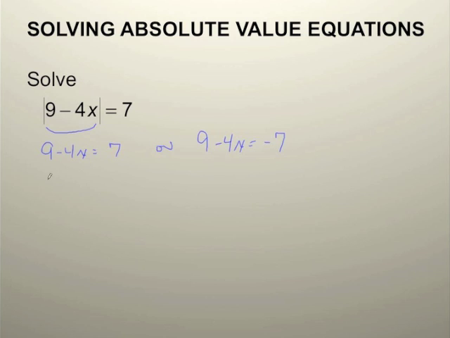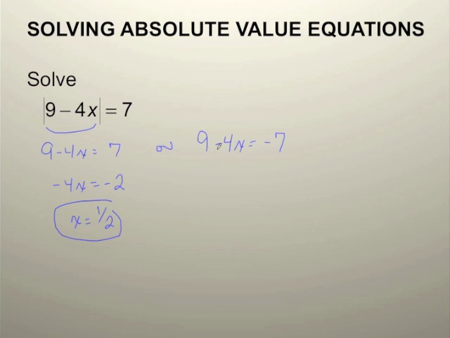I've already got the x's on one side, so subtract 9 from both sides here. I'll end up with negative 4x equals negative 2. Divide by negative 4, x is 1/2. 2 divided by 4 is 1/2.